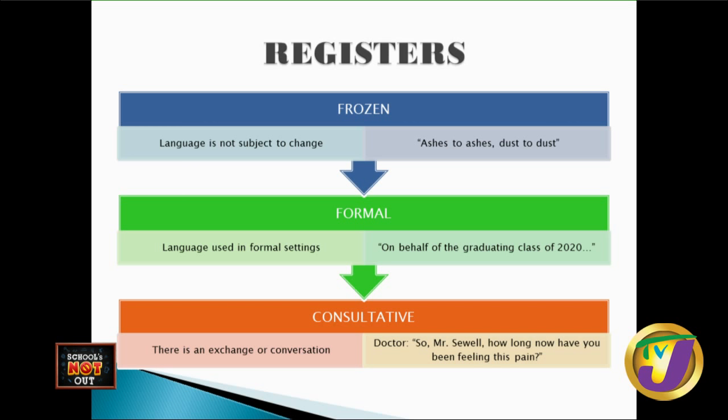So the Prime Minister, for instance, addressing the nation, your graduation hopefully is coming up. And so the speech that will be presented by the main speaker, or the valedictorian, will take a formal nature. So on behalf of the graduating class of 2020, that's an example from the formal register.